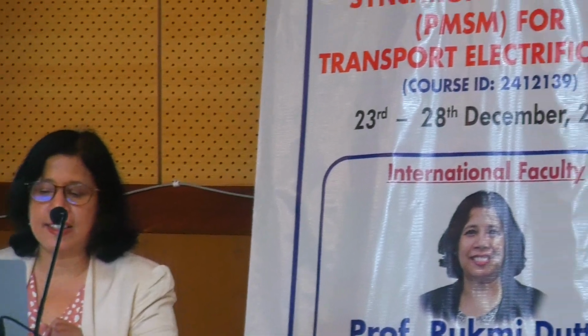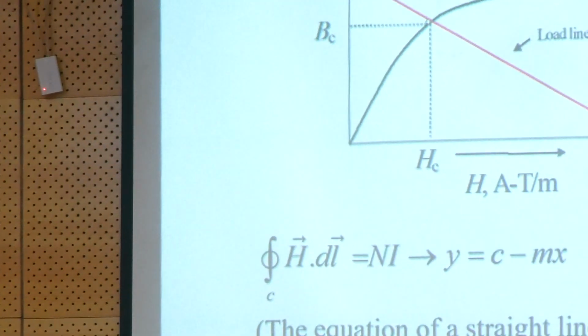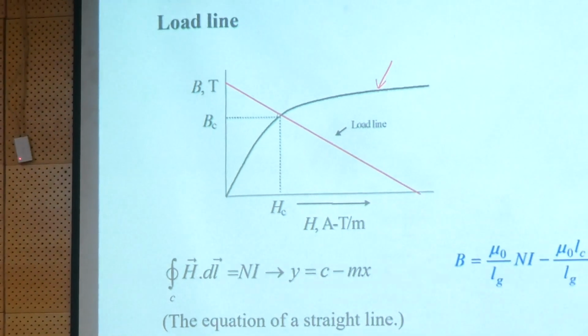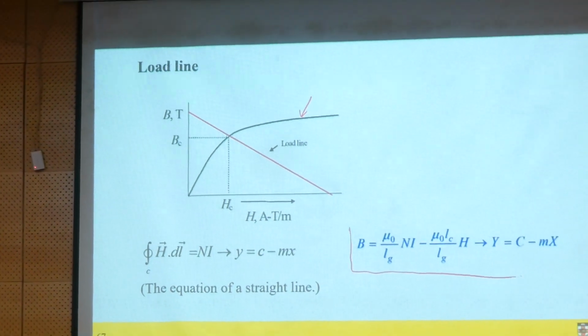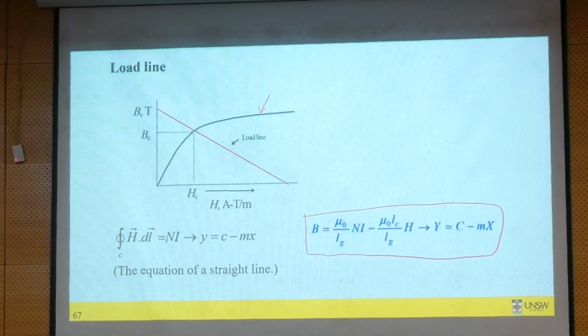We may use this load line method. Okay, so for the load line method, you need to know the BH property of the material, and then we can use Ampere's law and write it in such a way that it gives us the equation of a straight line.